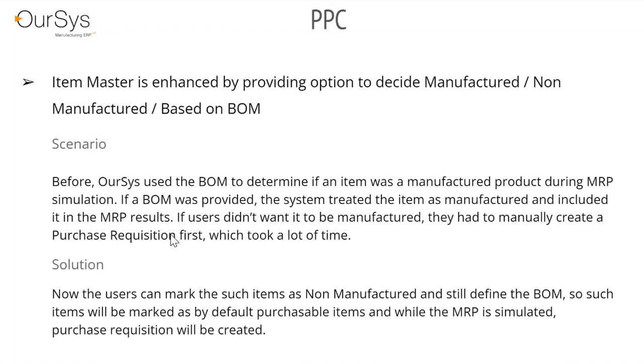This means these items will be treated as items that need to be bought out rather than made in-house. When you run a material requirement planning simulation, the system will automatically create a purchase requisition for those items, so you know what to order.